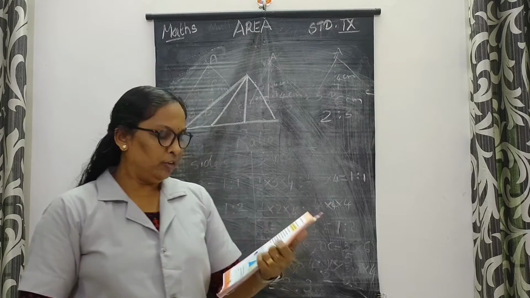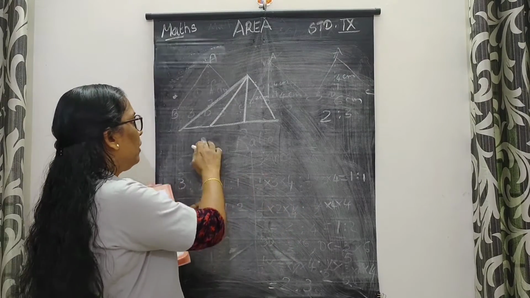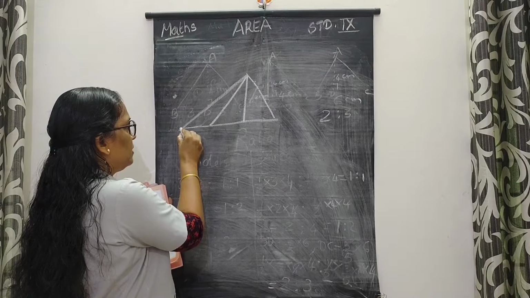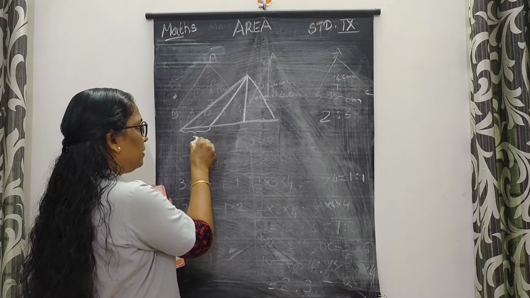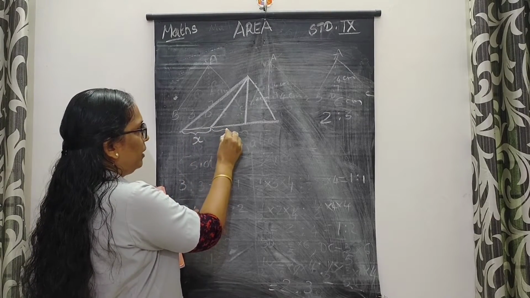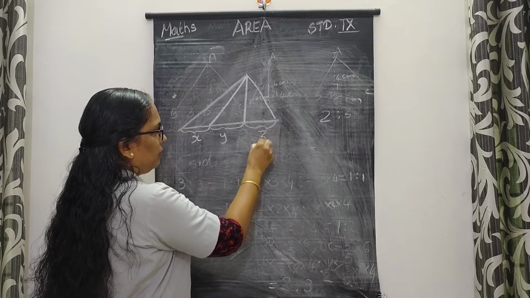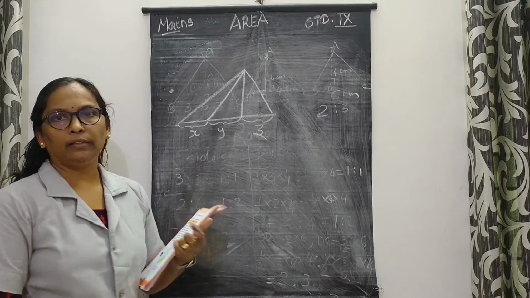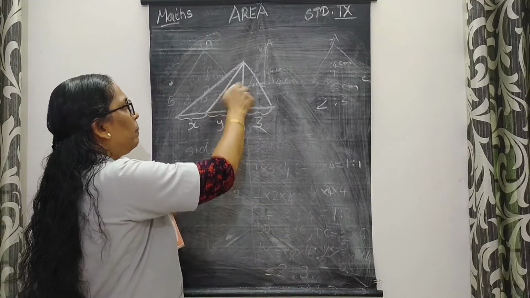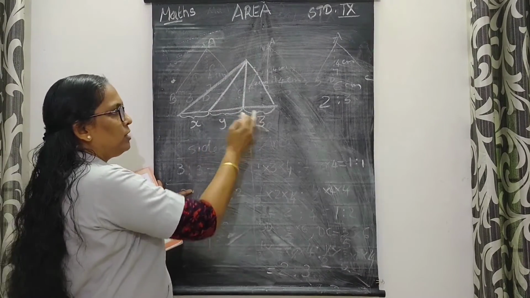So here also you can take this length as x, here you can take y, and here you can take z. We can take these three lengths like this. Then what is the ratio of the sides now?